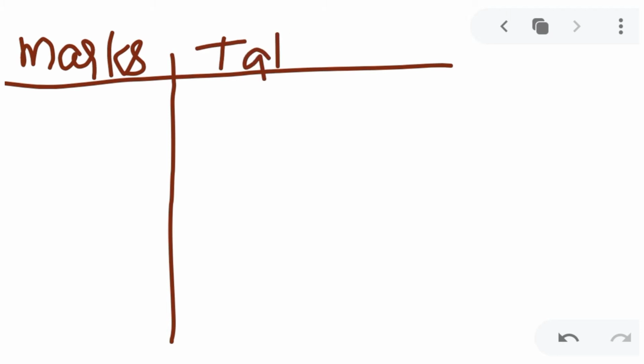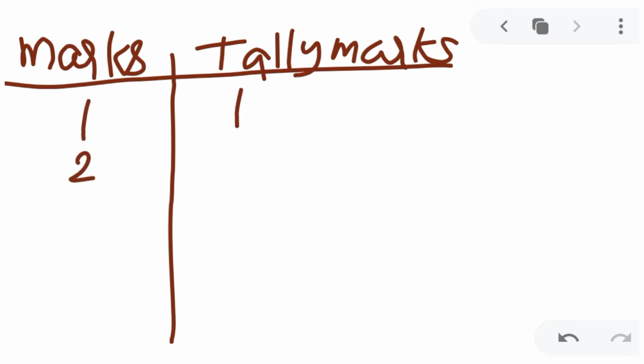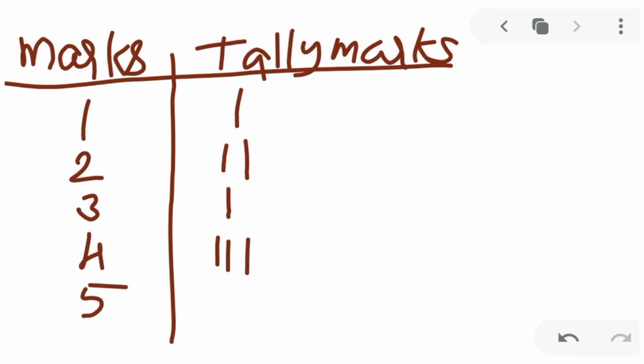Then the marks, here we want to write marks and then tally marks. So number 1, that is 1 mark. How many? 1 student. 2 marks, 2 students. 3 marks, 1 student. 4 marks, 3 students. 5 marks, 5 students.